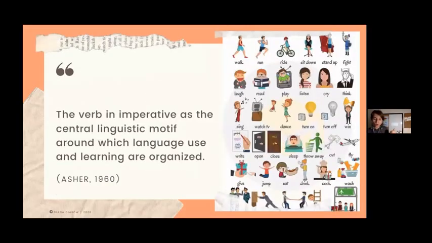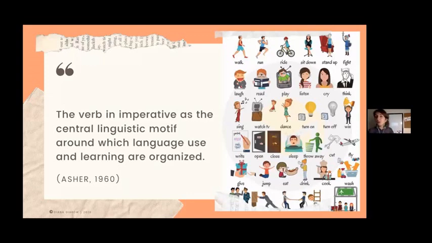And so the core of this method is basically stating that the verb in imperative form is central to our language learning. And it can feel school-like to some of you, because, okay, with my adult students, I'm not going to constantly remind them: write it down, sit down, stand up, listen.